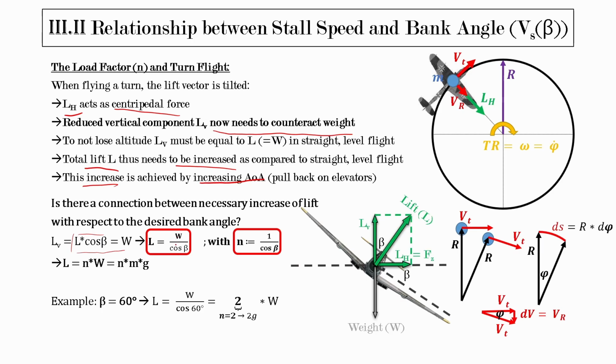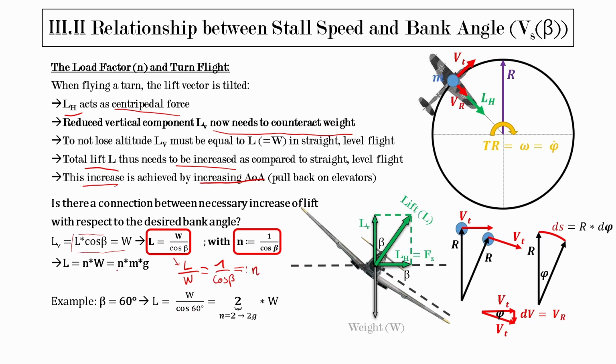I wouldn't say artificially, but bear with me. And if we rearrange a little bit, we write the lift to weight ratio as 1 over cosine beta. This is just a ratio that tells you how much more lift I need with respect to weight at a given bank angle. And this ratio, 1 over cosine beta, we define as the load factor.